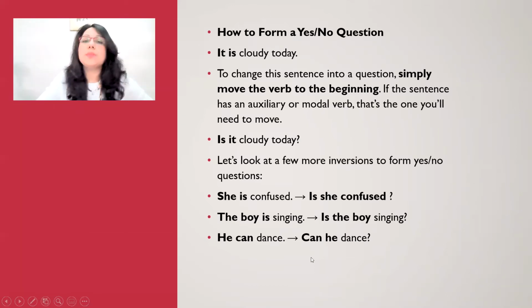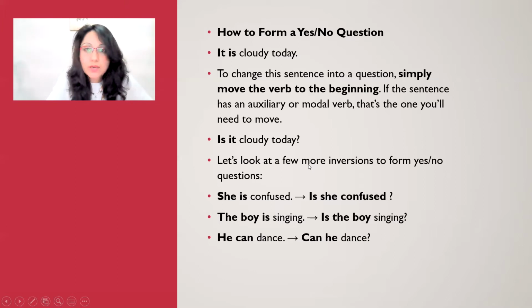Okay, so this is how you make your yes and no questions with inversion. As I've given you a few examples here, she's confused. Move your auxiliary, which is your is, to the start, and is she confused? So your verb to be is going to come first, followed by your subject. Okay, so this is one way of making your questions. And what are these questions called? Yes and no questions.